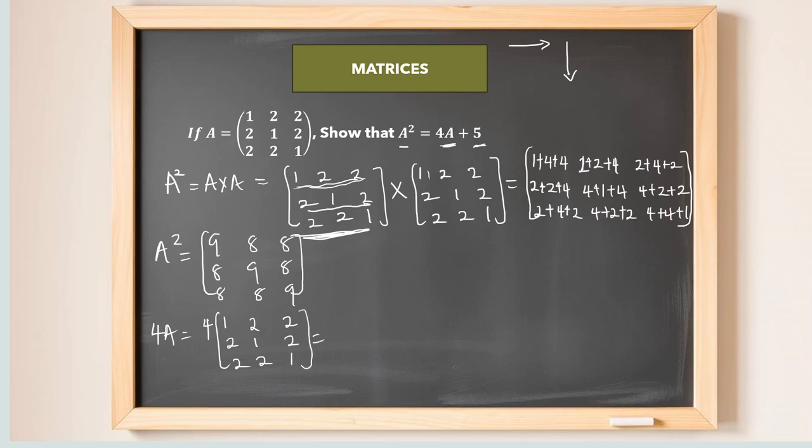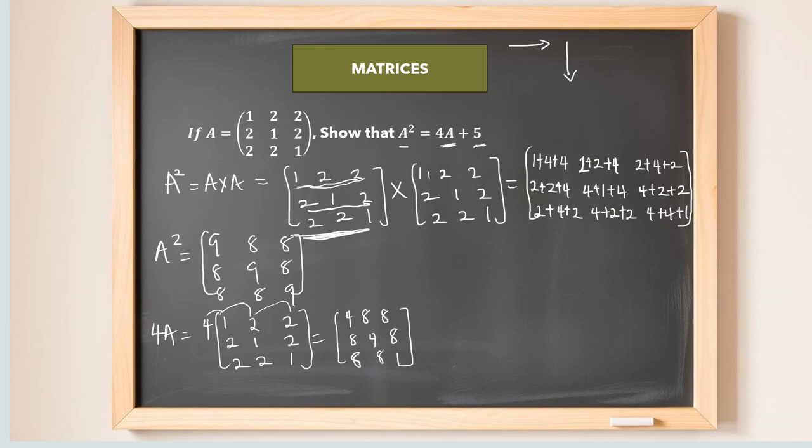If we multiply this out, here we should have 4, 8, 8. That is 4 multiplied by 1, 4 multiplied by 2, and 4 multiplied by 2. The same thing, 4 multiplied by 2 is going to be 8, 4 multiplied by 1 is 4, and 4 multiplied by 2 is going to be 8. And here we have 8, 8, and here we have 4.